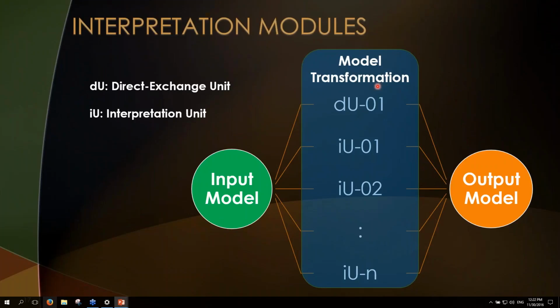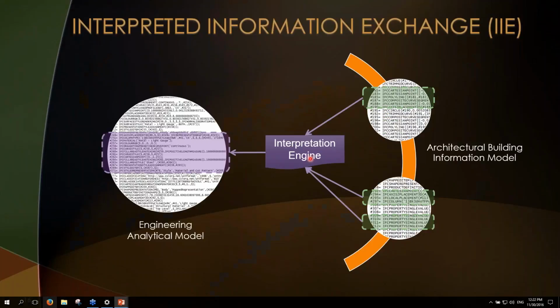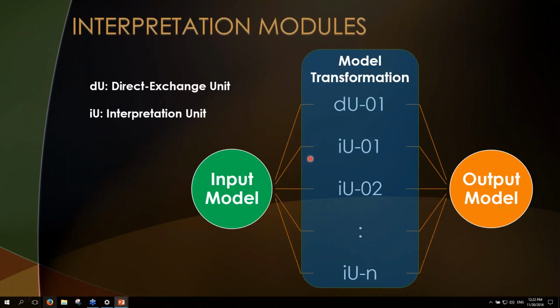But defining this interpretation engine and developing it could be very tedious. So I thought about modularizing these interpretations, and defining one unit for each type of interpretation we do.